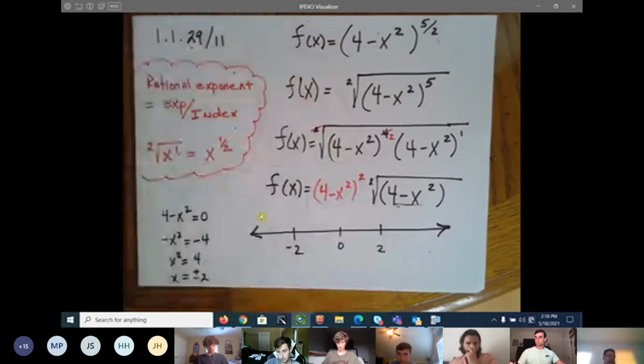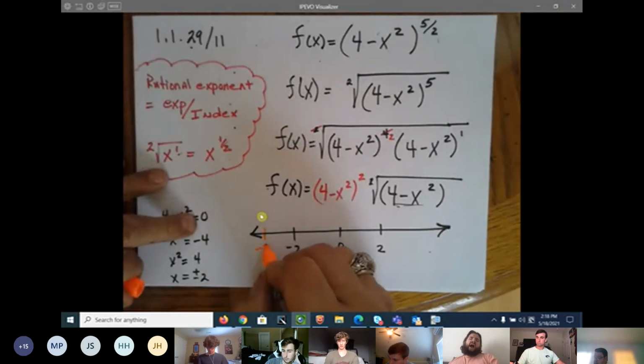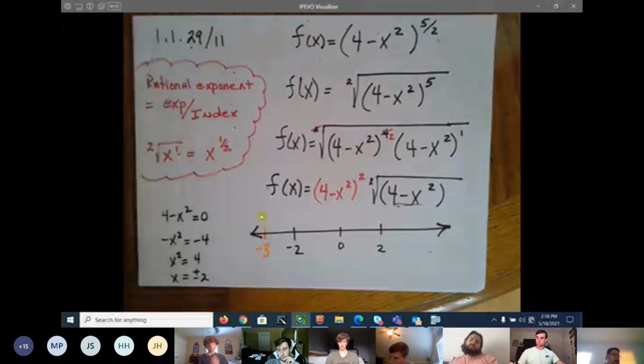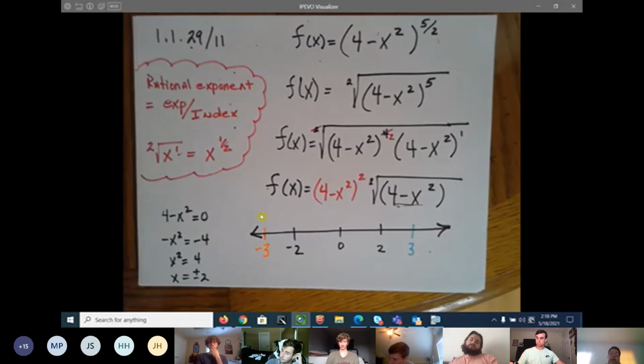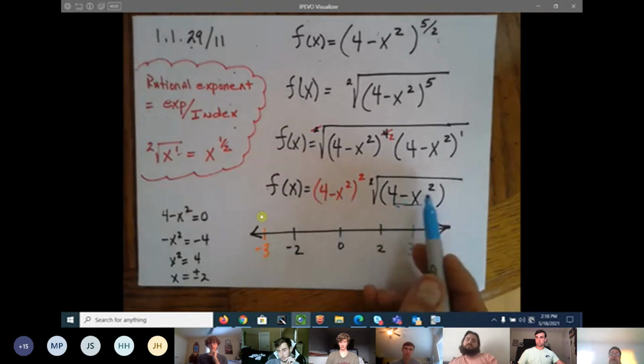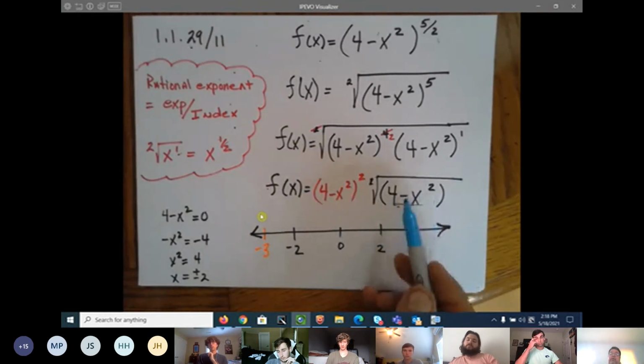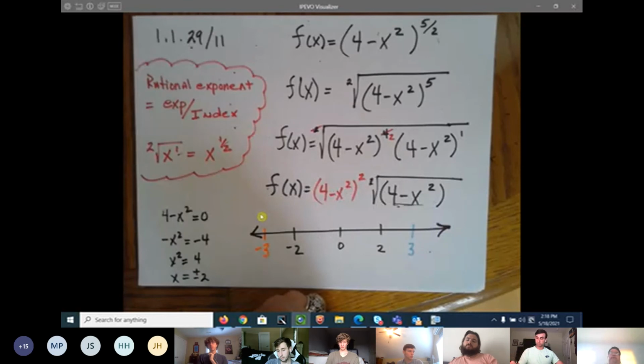And I'm going to put a negative 3 down here. And I'm going to put a, where's my neon blue? A positive 3 right here. Now, somebody plug in negative 3 into this and tell me what you get. You get a positive or a negative?